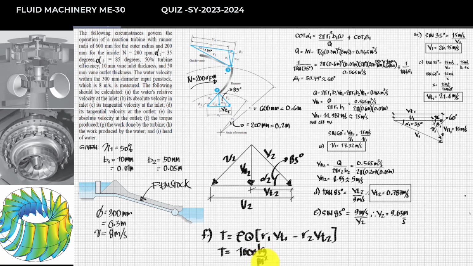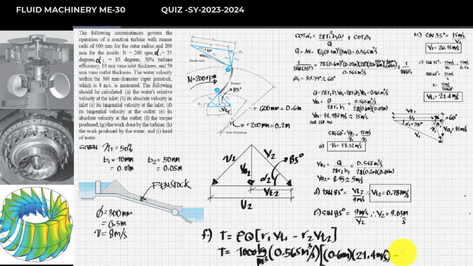Multiplied by the volume flow rate, nakuha na natin yon, that will be 0.565 cubic meter per second, multiplied by the radius at the inlet, that will be 0.6 meter, and the tangential velocity of the fluid at point 1, since nakuha natin na yan, that will be 21.4 meter per second.